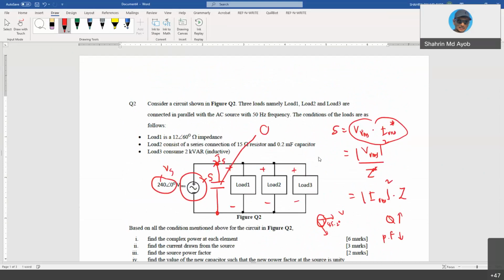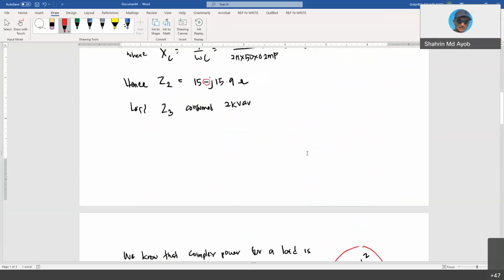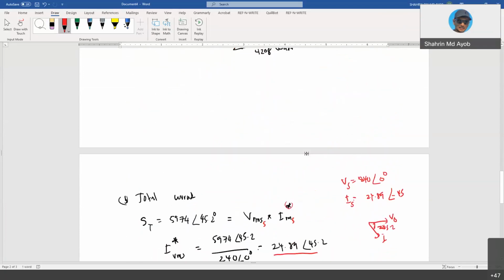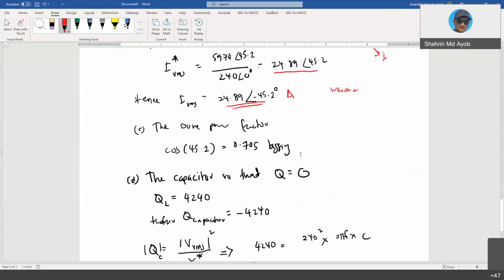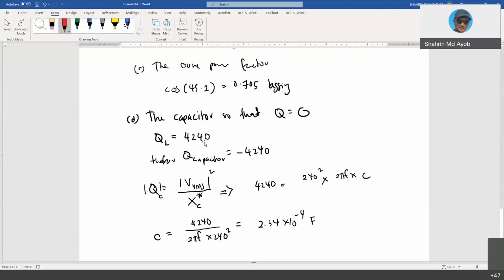And what is the Q? Since we want the power factor to equal unity, your QC should equal the Q load, because the Q net is Q load minus QC. So your QC should be 424 VAR, positive.